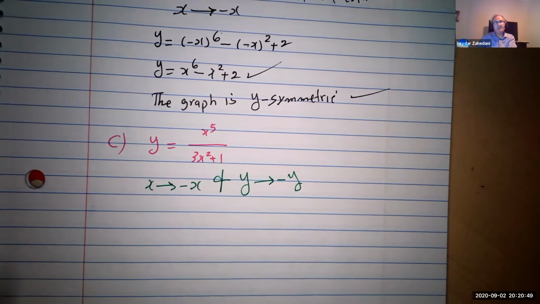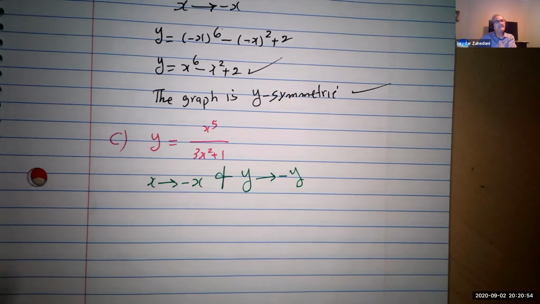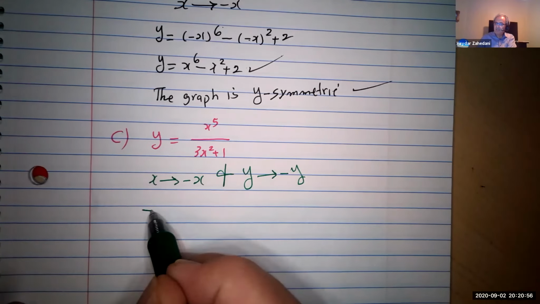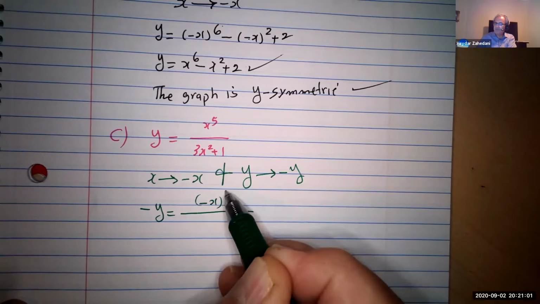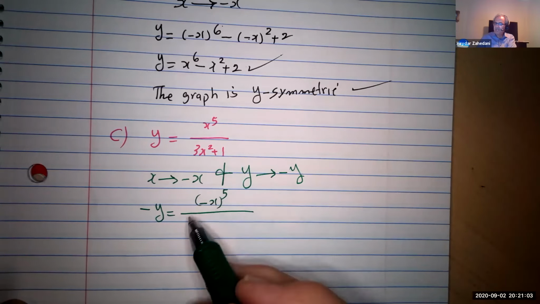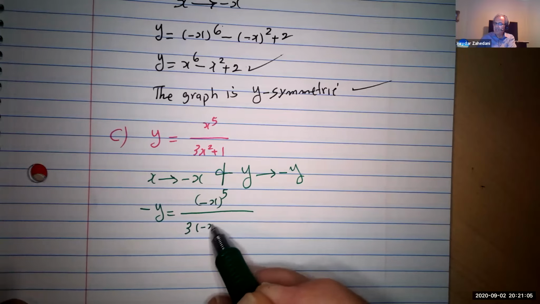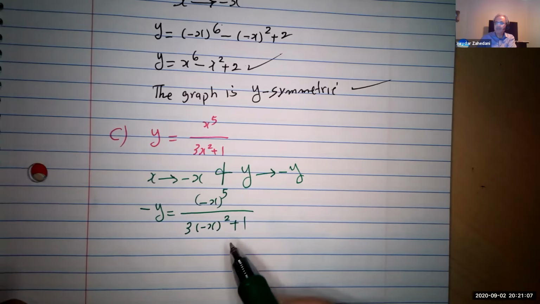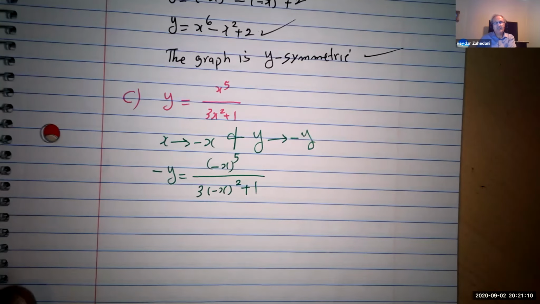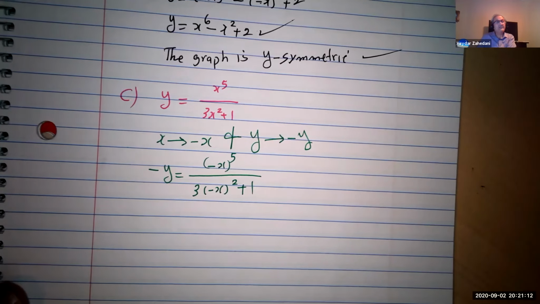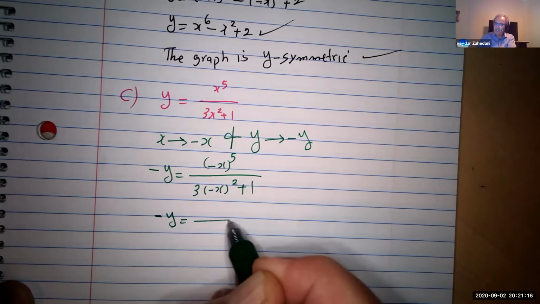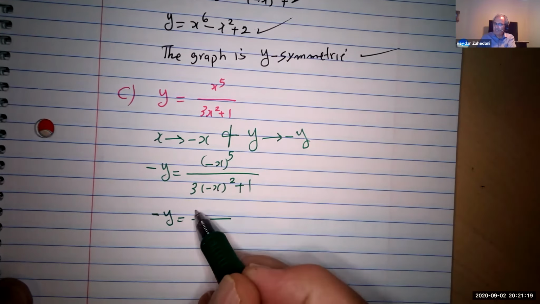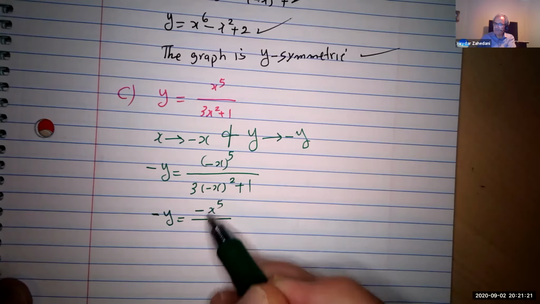So that's the point about picking the correct method. So this would be negative y. And negative x to the fifth, use parentheses, remember, over 3 times negative x squared, plus 1. You test that to see if you can get back to the original one. So that would be negative y as is. On the top, negative x to the fifth would be negative x to the fifth.